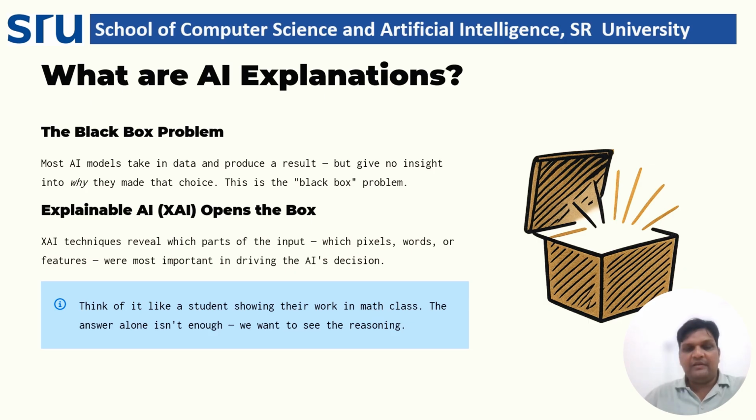Explainable AI, XAI, opens the box. XAI techniques reveal which parts of the input, which pixels, words, or features, were most important in driving the AI's decisions. Think of it like a student showing their work in math class. The answer alone is not enough.